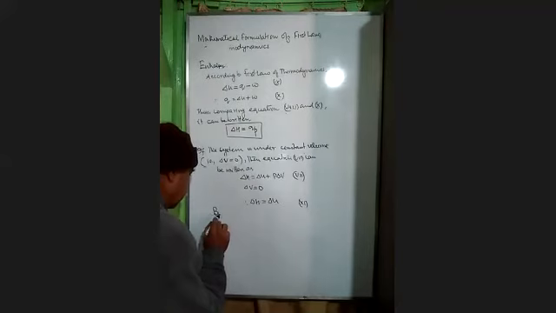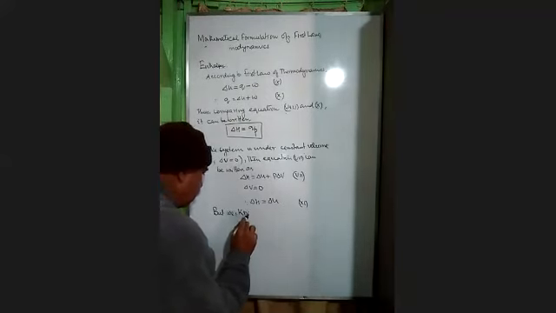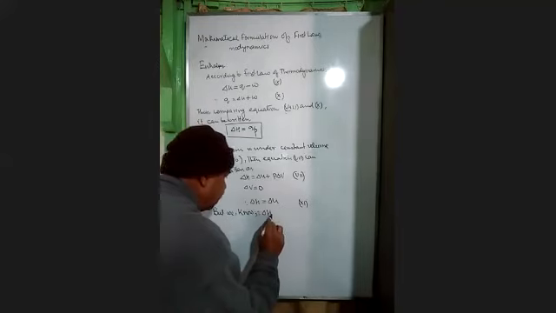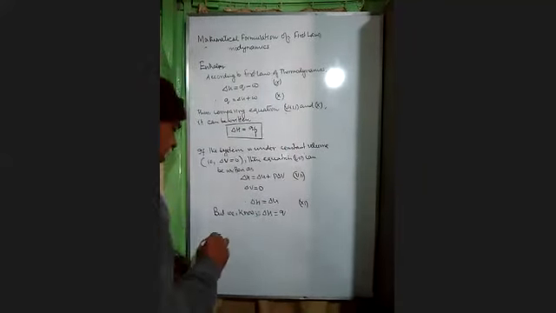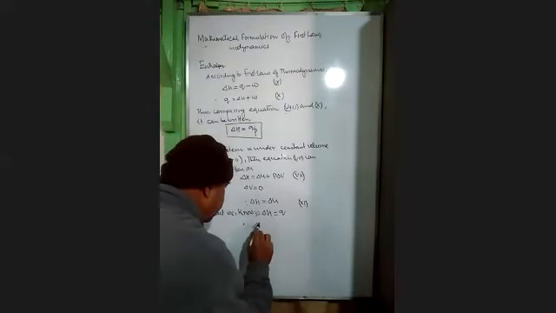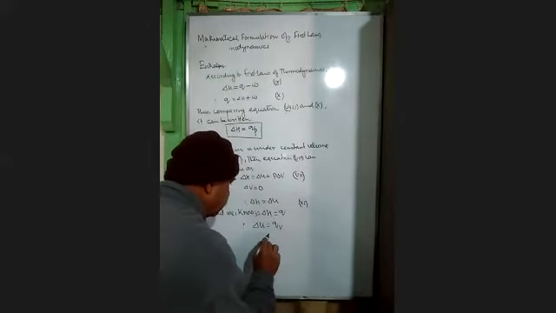But we know that delta H is equal to Q. Therefore, we can write here delta U is equal to Q_V, that is, at constant volume.